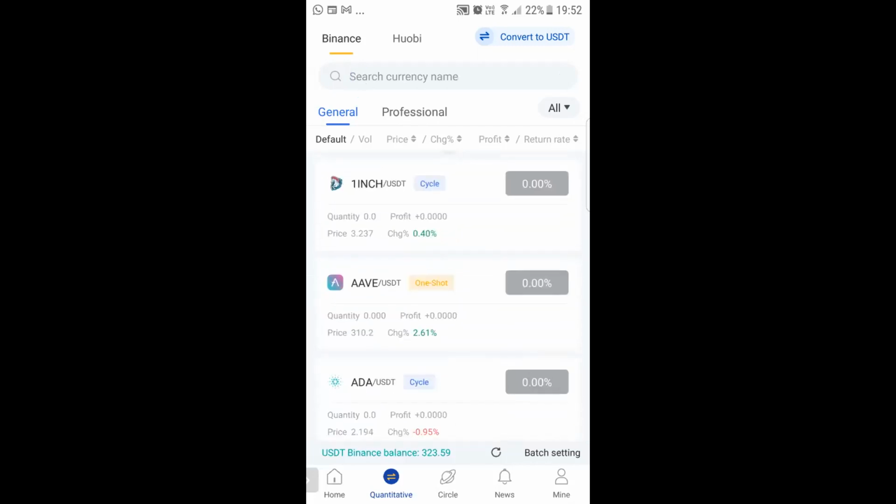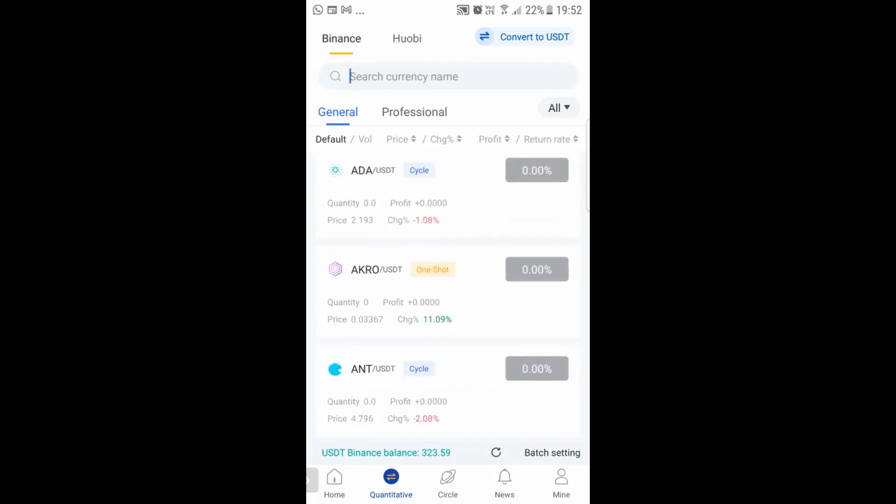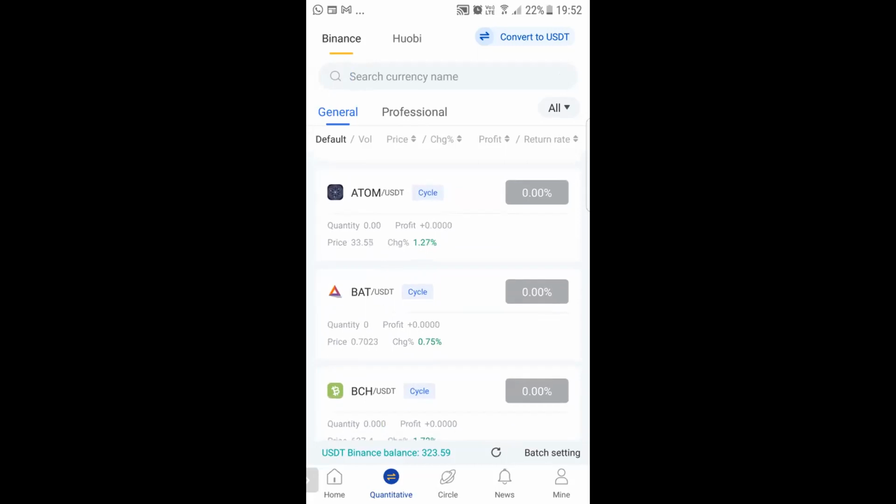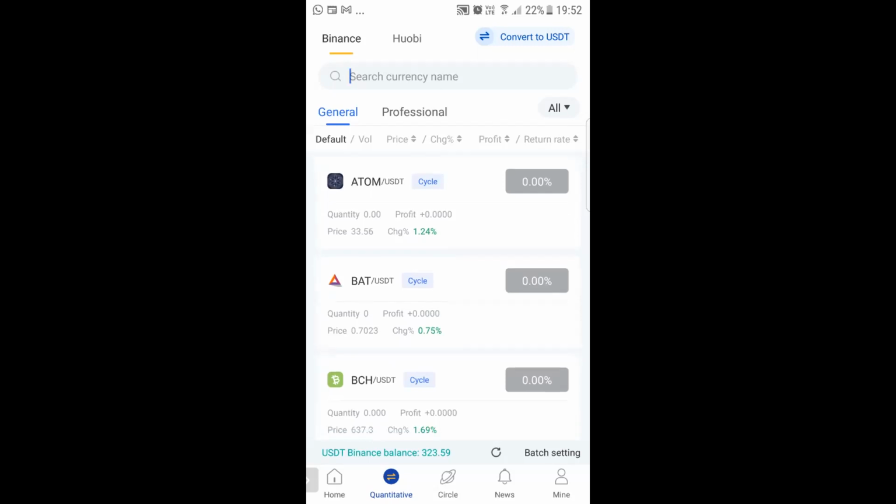Now, normally what I will do when I look at trades with the strategy that we're going to be doing today, you can really go into any crypto irrespective of the percentages, but it's always better to buy low, or to enter when the market is at its low, because it means the chances are the market is going to rise with you and you'll start actually collecting profits faster.